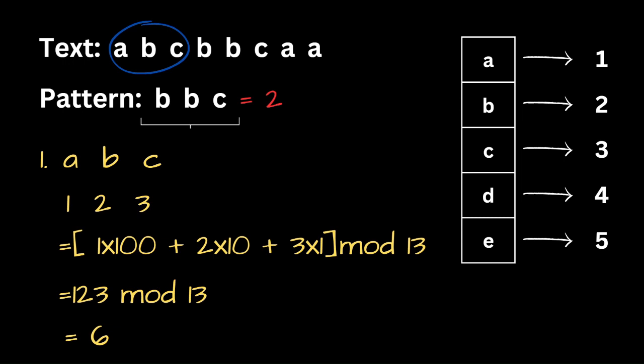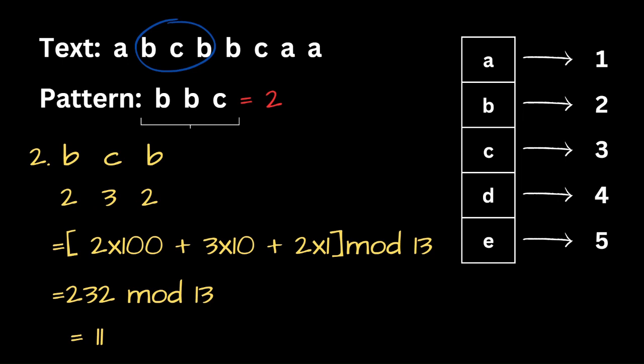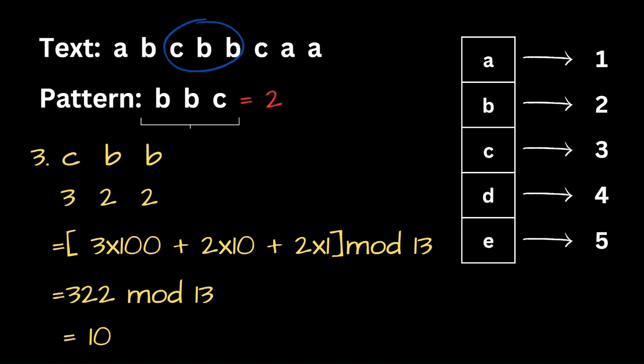So we move on to the next one, which is BCB. Now this also differs. As we have seen before, the hash value of the pattern and the BCB substring was the same, but in this case it is not the same. This is a difference. We move on to the next one, CBB.